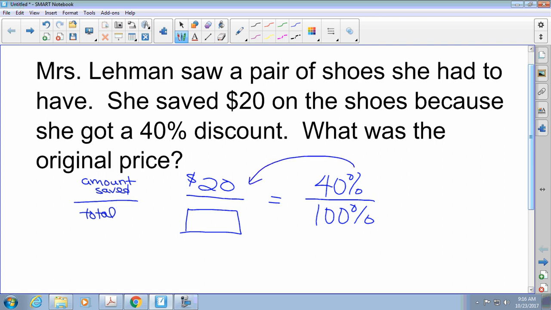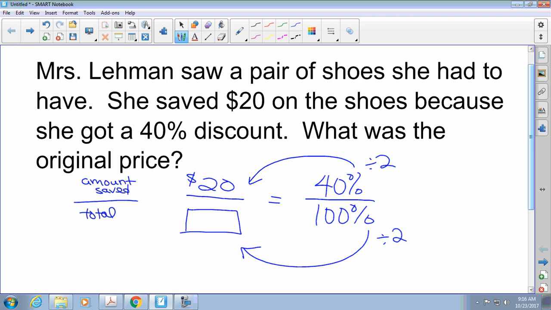To get from 40 to 20, that should be fairly easy. How do I get from 40 to 20, William? You divide by 2. Very good. So 40 divided by 2, and we're going to do the same thing to the bottom. What's 100 divided by 2? 50. Jasmine's going to say it. $50.